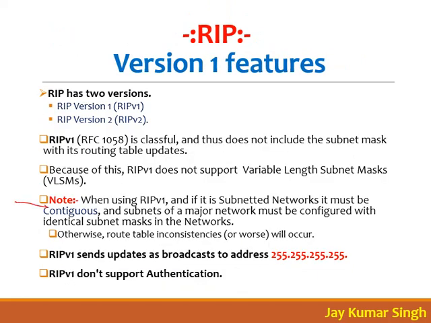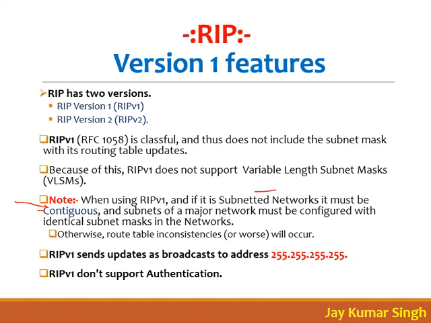See this. Note, when RIP version 1 is configured and it is a subnetted network, it must be contiguous, meaning continuous. Are you understanding?